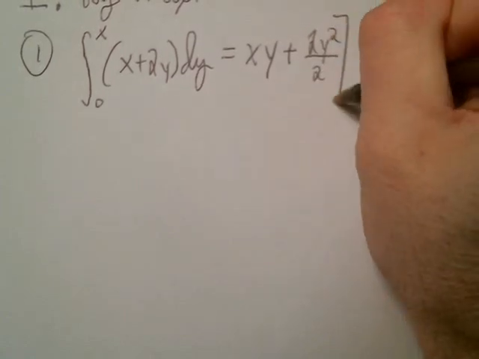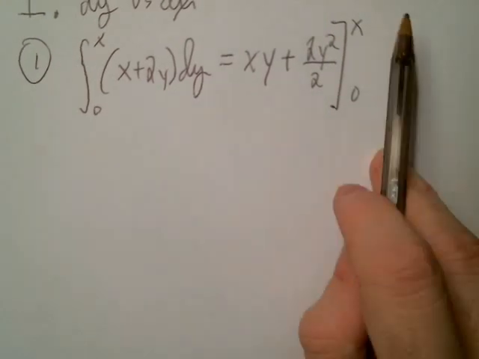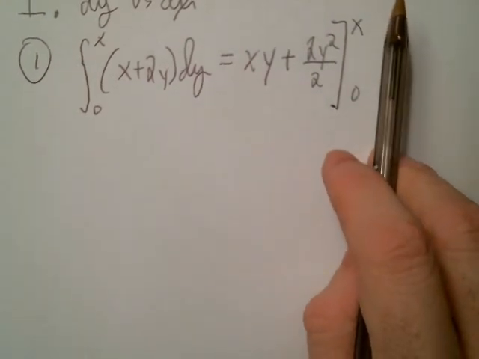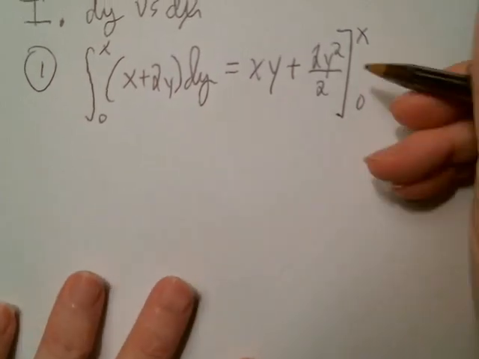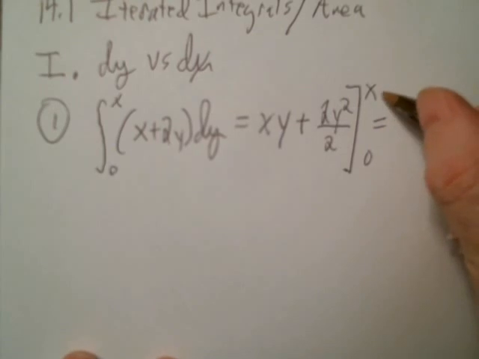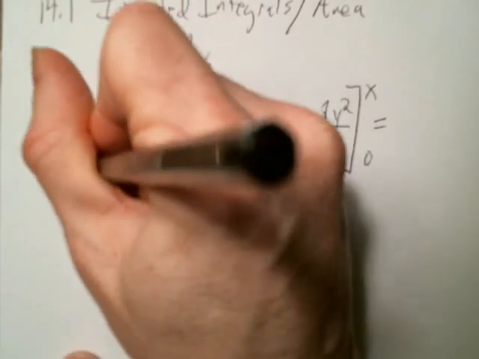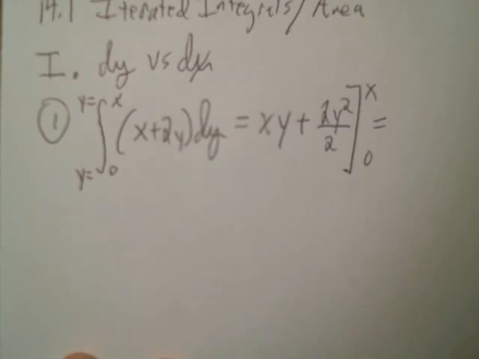And we have to remind ourselves to evaluate. One of the weird things in this setting is now we have variables in the limits of the integral. Okay, so don't overthink it, just business as usual, right? So wherever I see a y, I'm plugging in an x. Okay. So you can literally think of this as going from y equals 0 to y equals x.